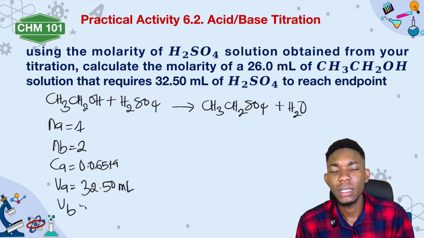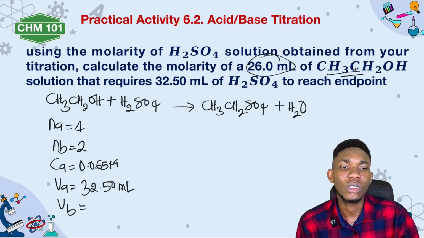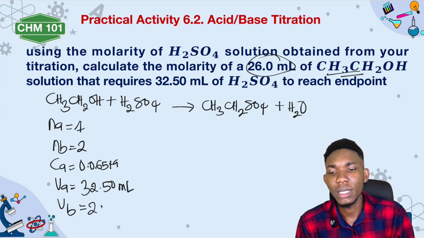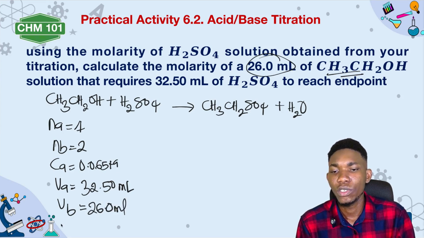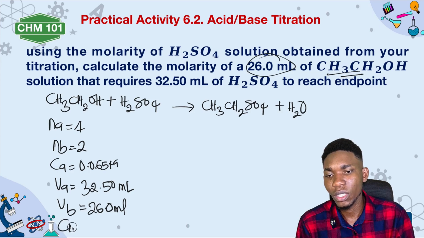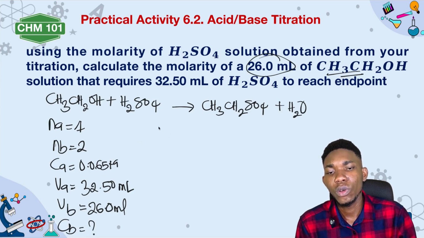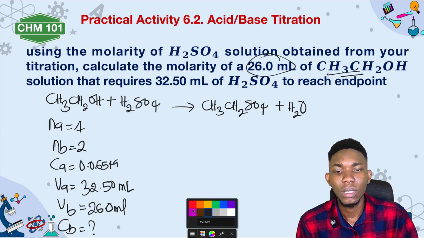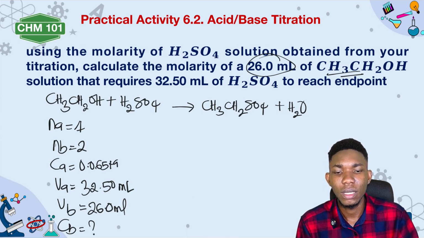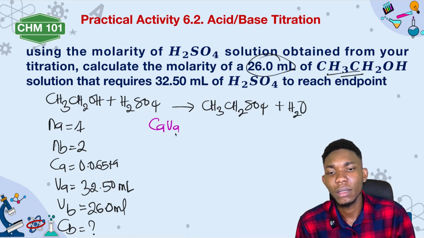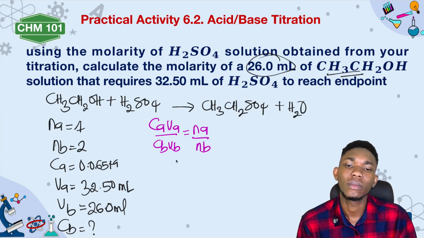The volume of base, in this case, was given as 26.0 ml, because the base now is ethanol. So what other thing do we need? Cb, concentration of base, is what we are looking for. So we use the formula. What is that formula again, my dear student? The formula is CaVa over CbVb is equal to Na over Nb.